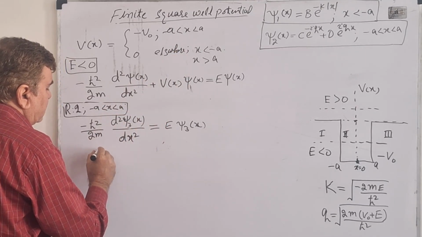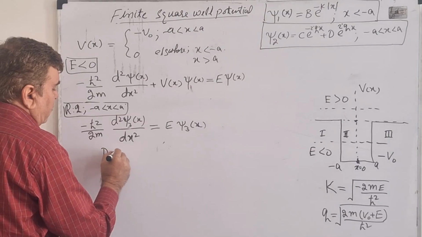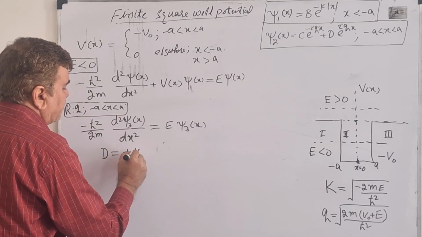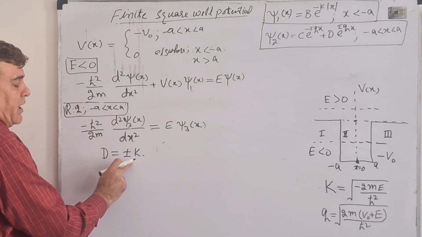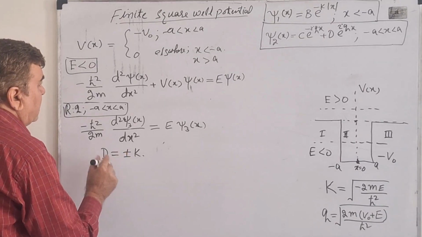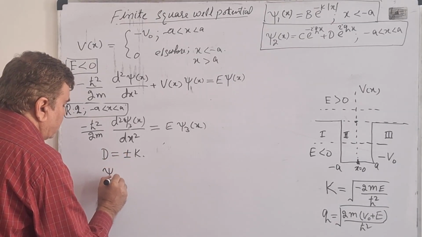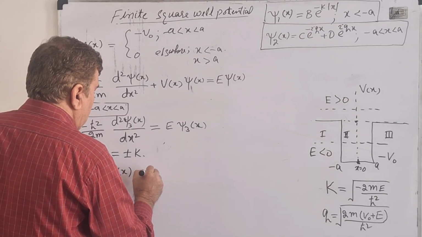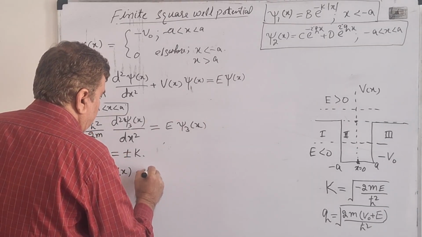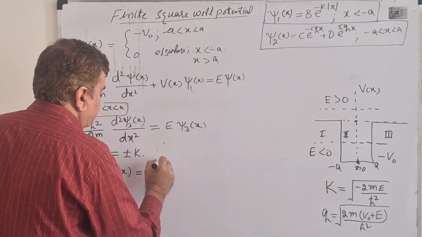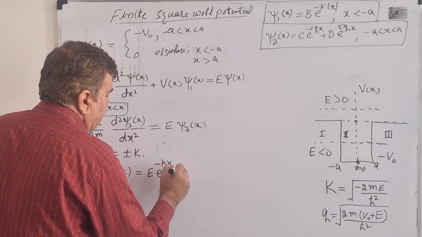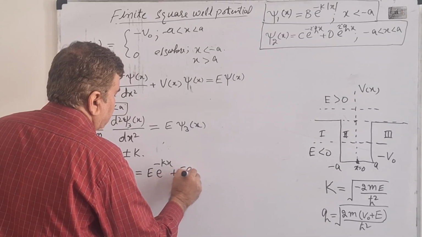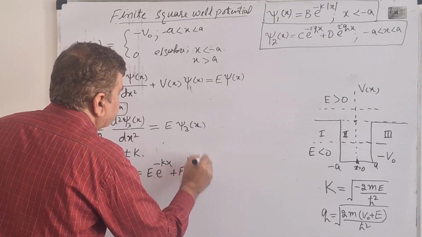So we will get two roots from the equation d is equal to plus minus k, and for every root I have a solution. Therefore the solution psi 3 of x I would write like this: psi 3 of x equals e exponent minus kx plus f exponent plus kx.